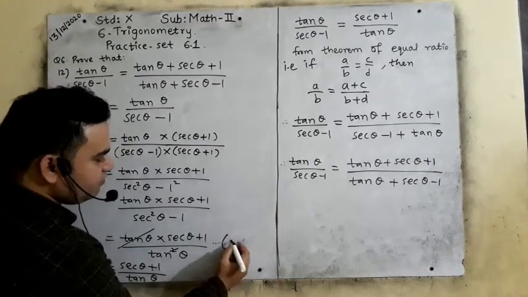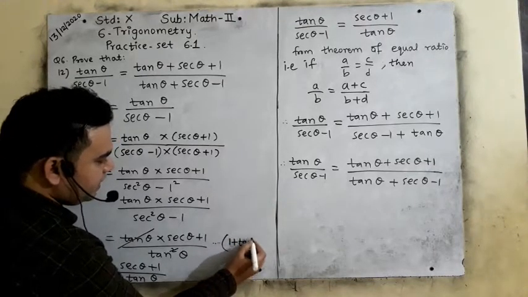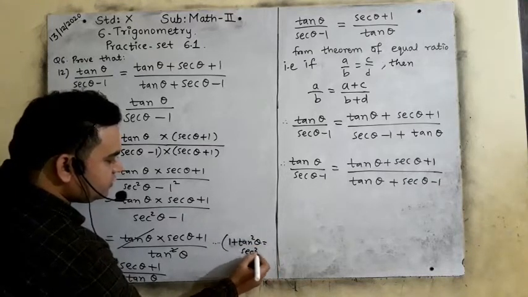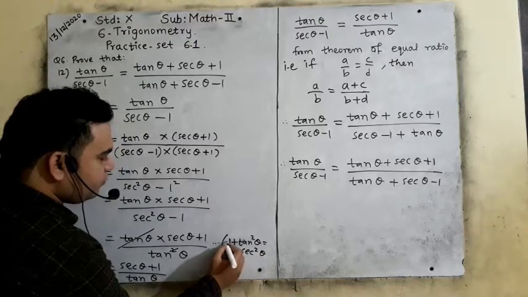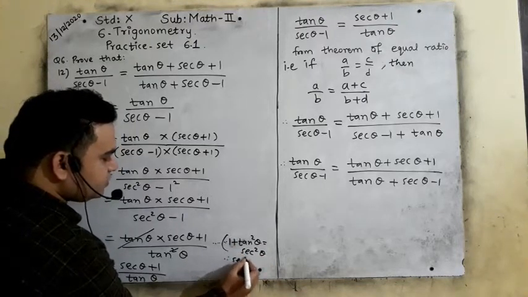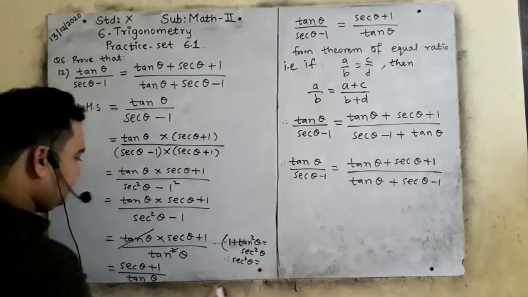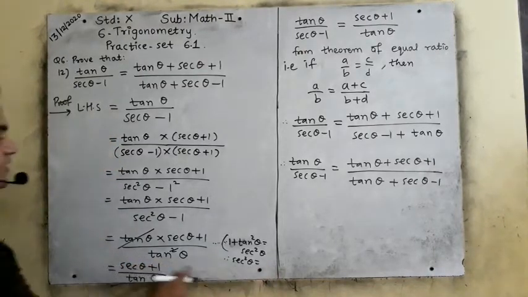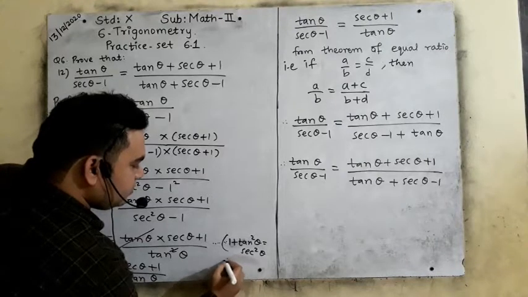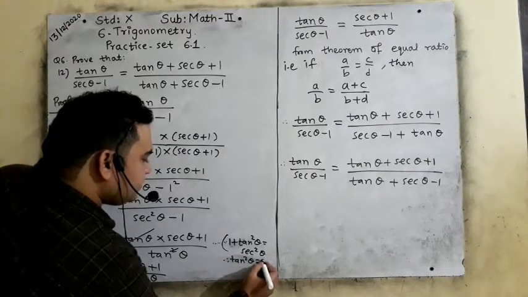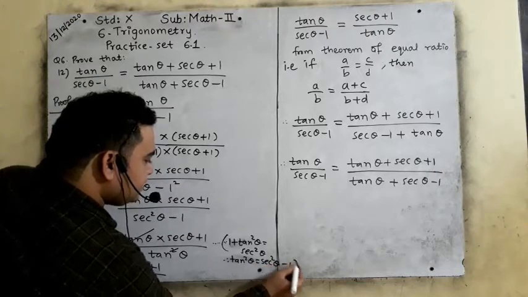Pay attention here, we will write 1 plus tan square theta is equal to sec square theta. Therefore tan square theta is equal to sec square theta minus 1.